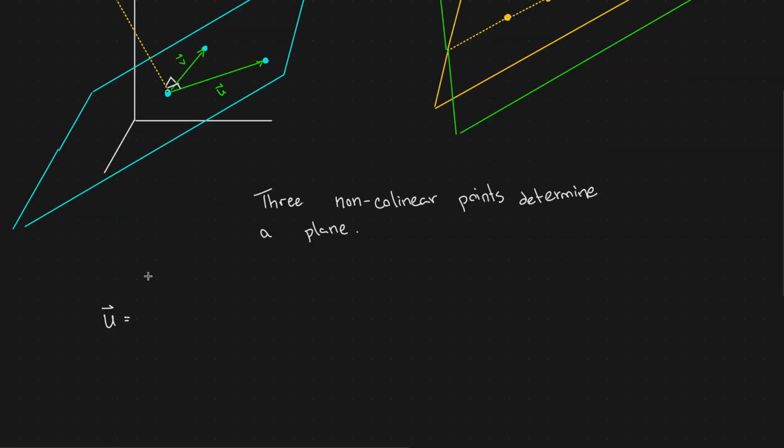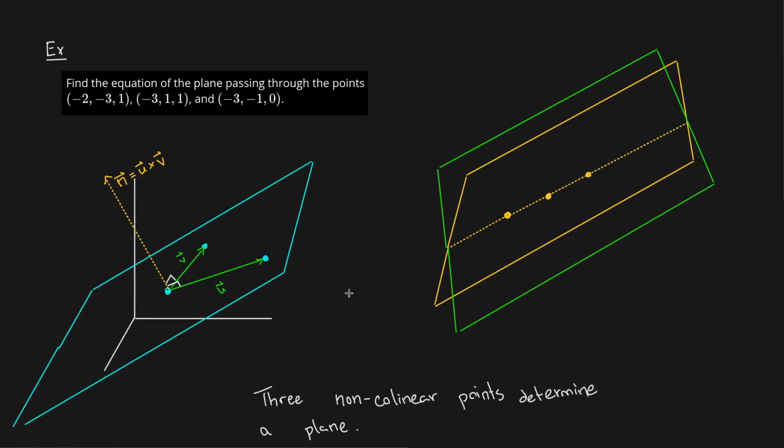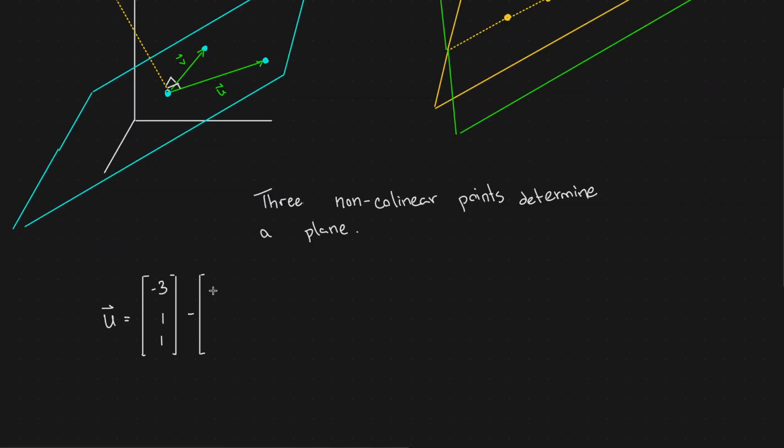I'm going to take the point (-3, 1, 1) and subtract the point (-2, -3, 1). That gives me a vector pointing from a point in the plane to a point in the plane, and therefore parallel to the plane.